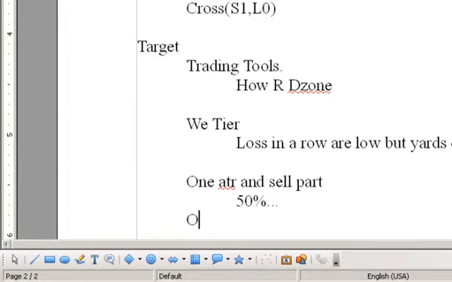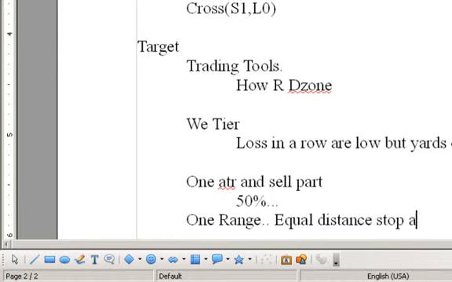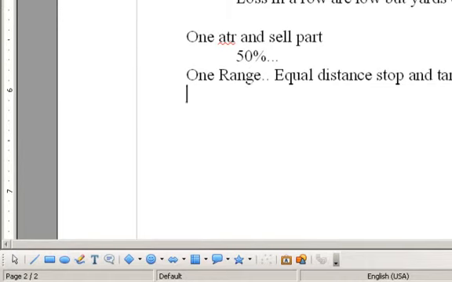This is preset. 1 ATR, one range. We're going to define range as an equal distance stop and target, sell 80% of what's left, and trail below S1. Now, this is all controlled in the EA.